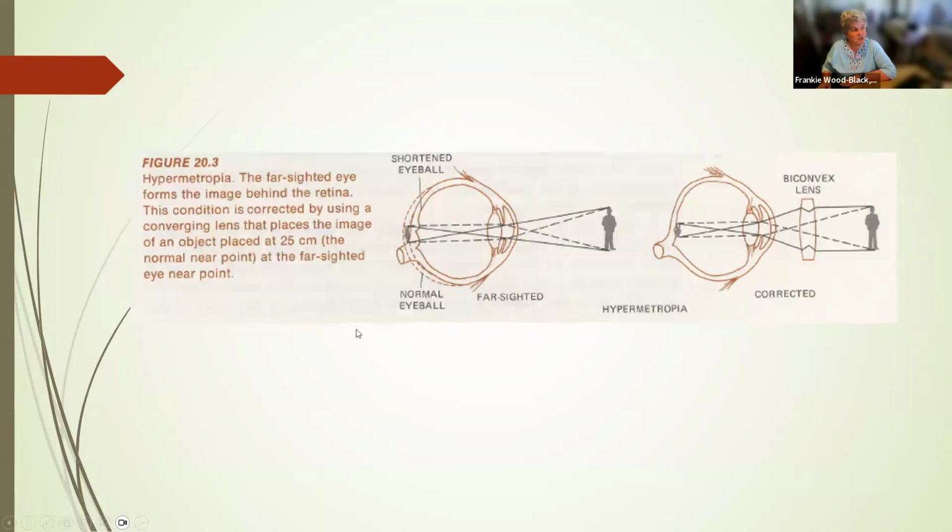Similarly, for farsightedness, it's going to focus behind our retina. So we actually have to have a lens in there to correct it so that it gets onto the retina. So that's what we're actually using it for.